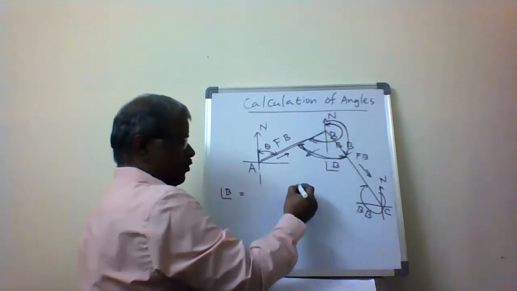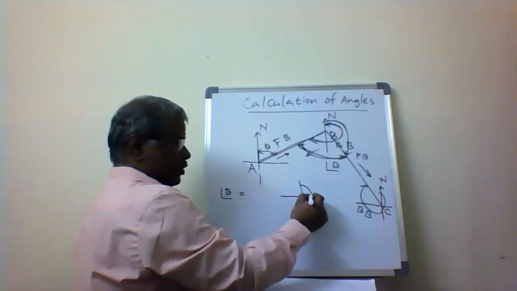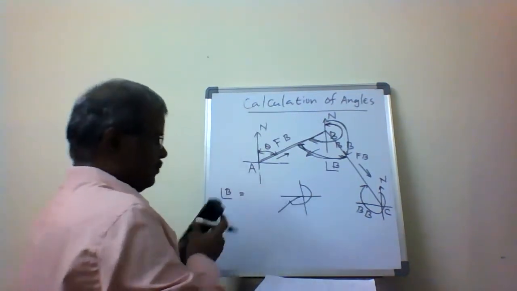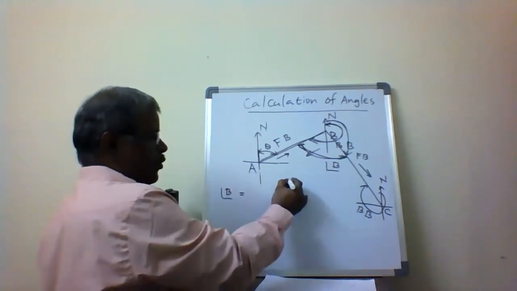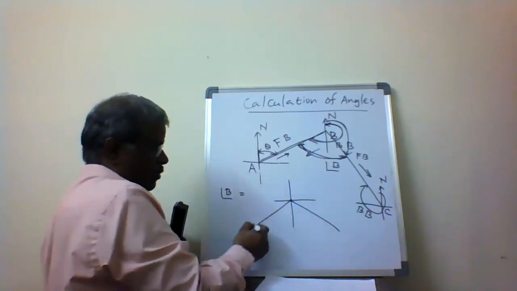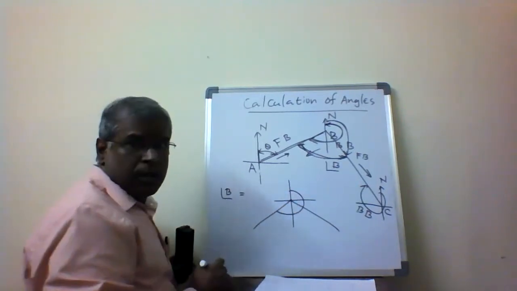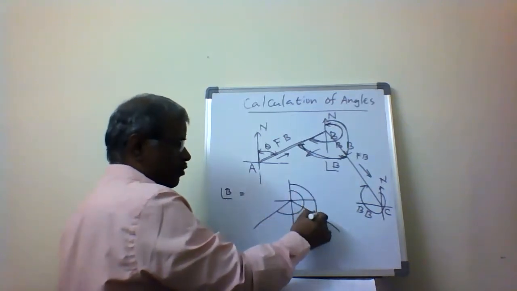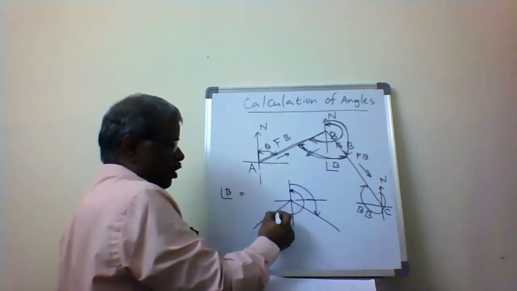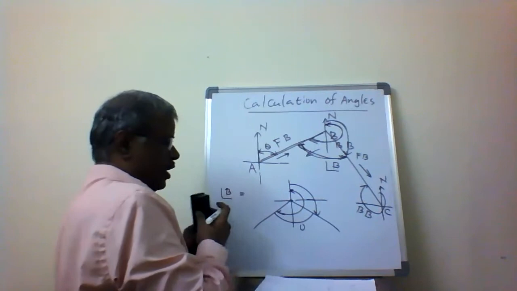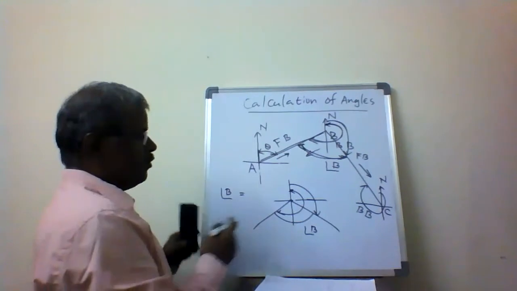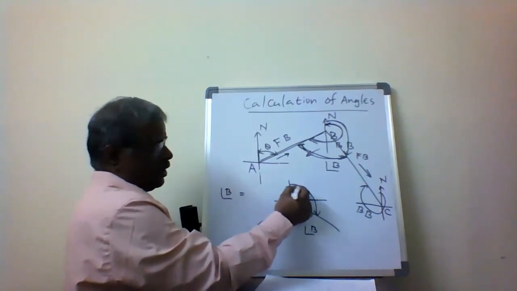In a closer view, this is the backward bearing and this is the forward bearing. Now I want to calculate this angle beta, angle B. For this, angle B equals the total angle minus this angle.